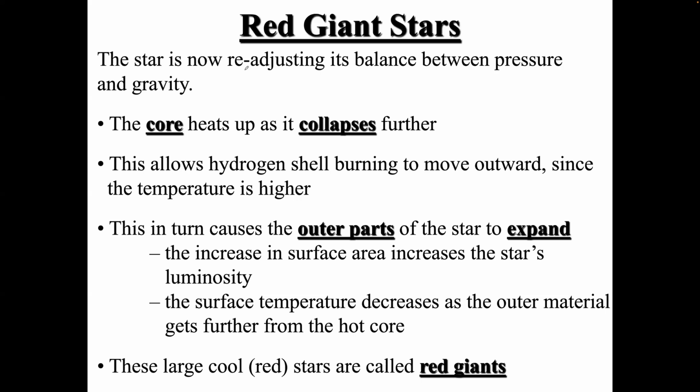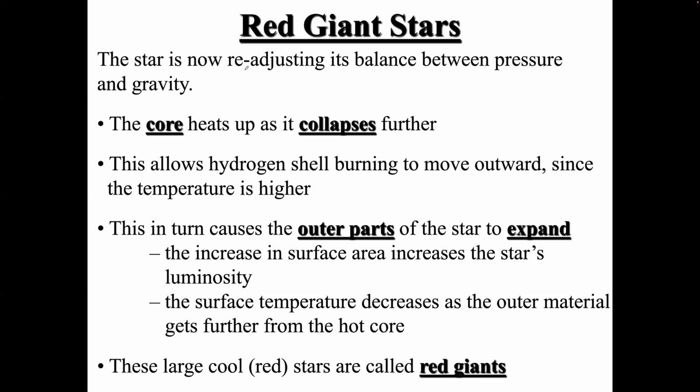At the same time, once the star expands, the distance between the central region and the outer region of the star will increase, and that will decrease the surface temperature. So basically, the surface temperature is reduced. However, the luminosity will increase as a result of the higher surface area.